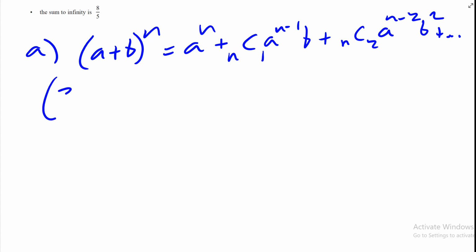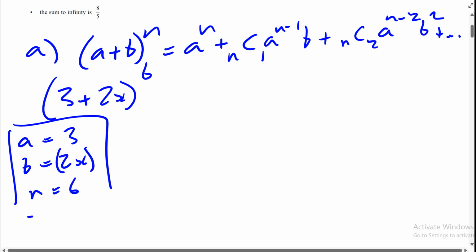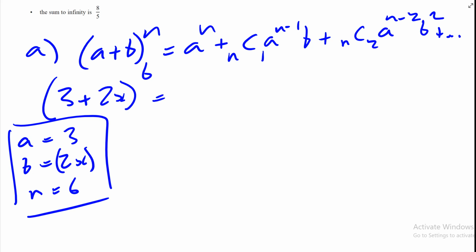So in our question, we've got (3 + 2x) to the power of 6. A is 3, B is 2x. I would keep that in a bracket so you don't forget to square the 2 and the x, and n is 6.